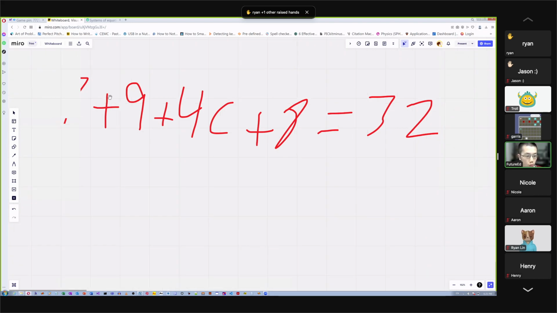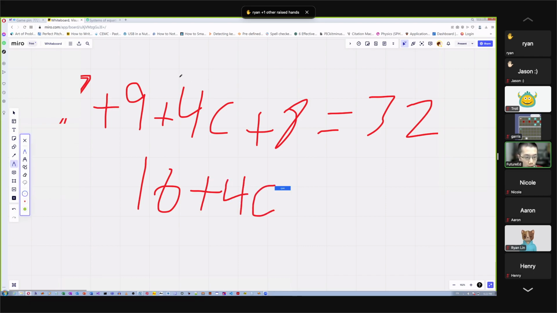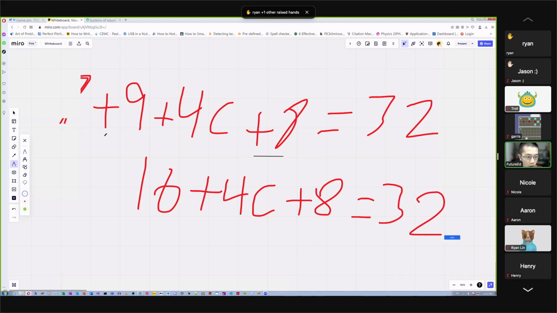Okay, so if you rewrite it, you have 7 plus 9 plus 4c plus 8 equals 32. And over here, I think Ryan just did what we call collecting like terms, because we have an 8, we have a 7, and we also have a 9. These are all numbers you can add together, right? So he collected the 7 and the 9 to get 16, and now 16 and the 8, they can both be combined too.